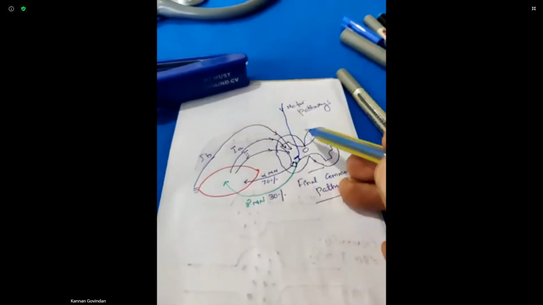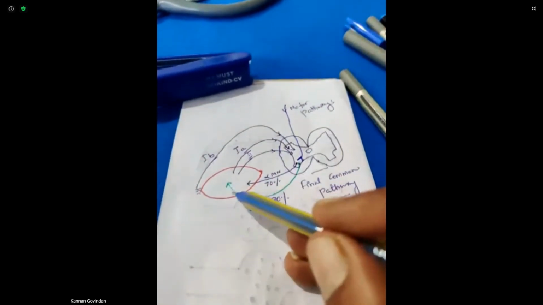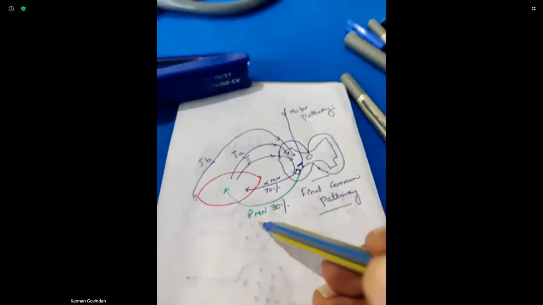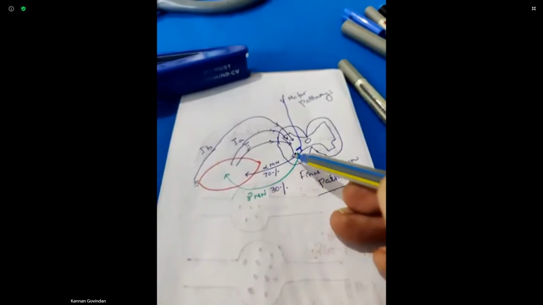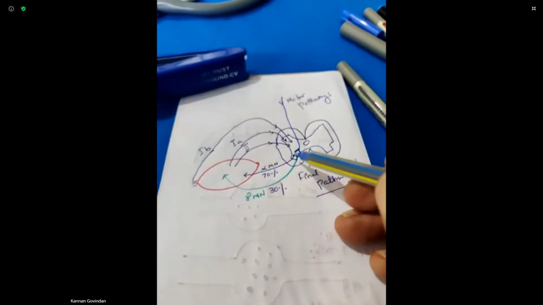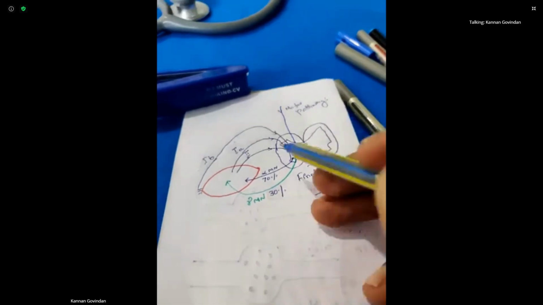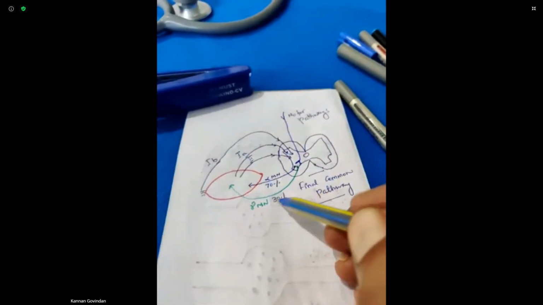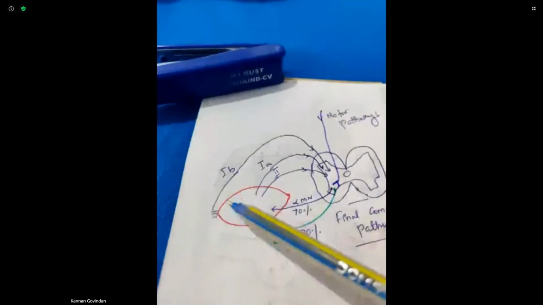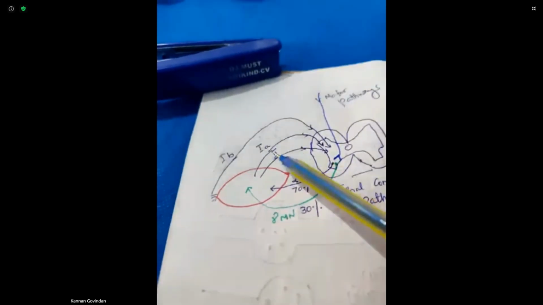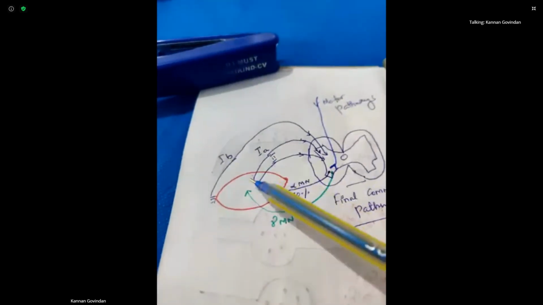Whatever the source of the motor pathway, before they supply the skeletal muscle, they have to go via alpha motor neuron or gamma motor neuron. The cells from the anterior horn are called the final common pathway. We have two types of efferent, alpha motor neuron and gamma motor neuron. Similarly, we have three types of afferent starting from the muscle and ending in the spinal cord. We have type 1A and type 2 afferent.